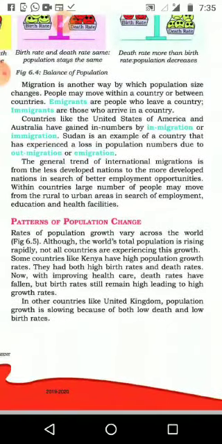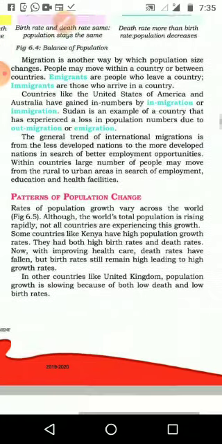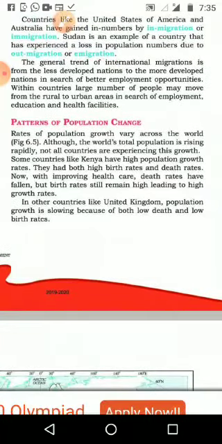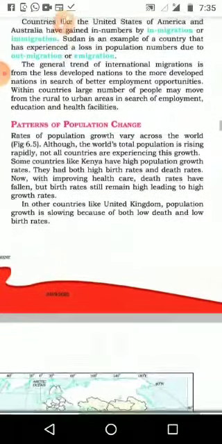The general trend of international migration is from the less developed nations to the more developed nations in search of better employment opportunities. Why are people going to America or Australia? Because of better job opportunities. So the trend is from the less developed to the developed countries, for job purposes.